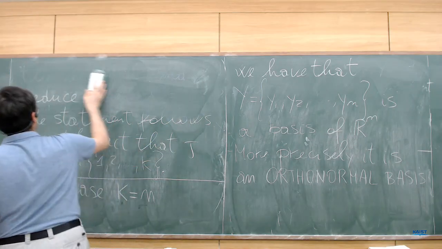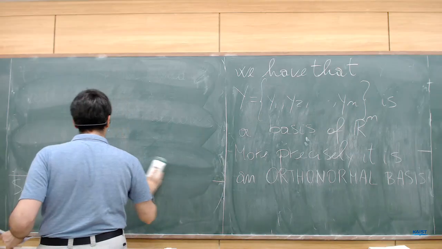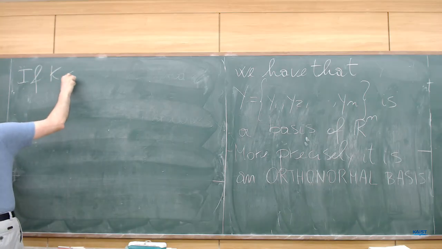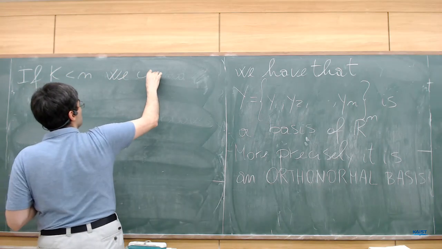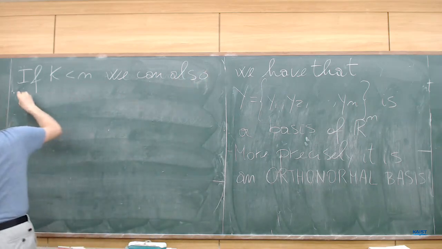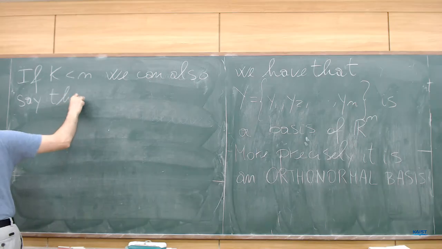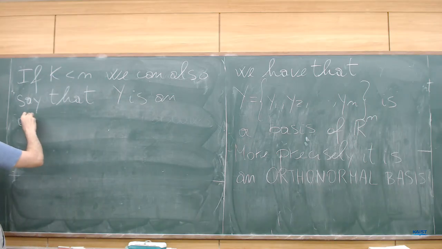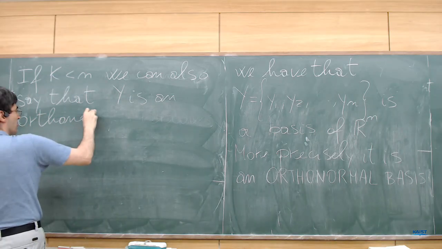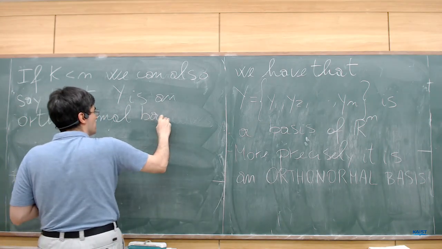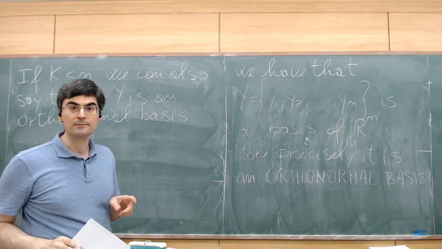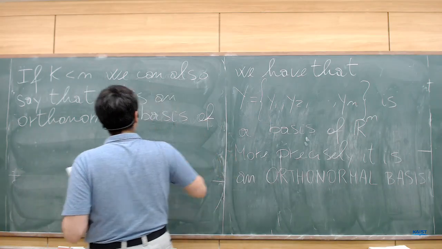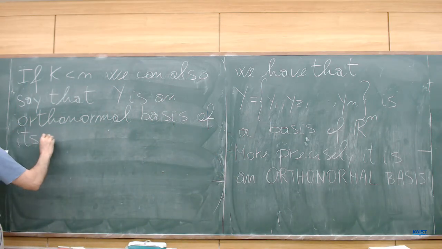Of course, if k is more than n, we can also say that Y is an orthonormal basis, but not of Rn, but only of the vector space they span. So I will write: of its span.